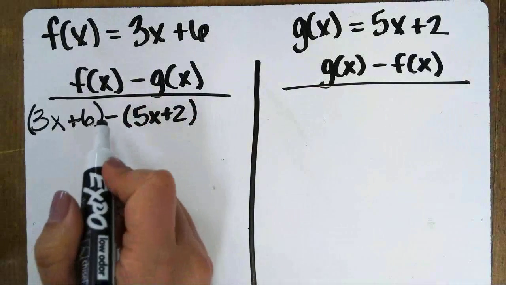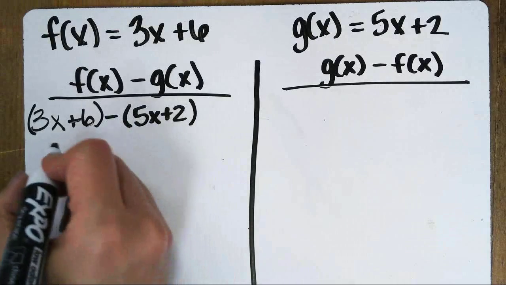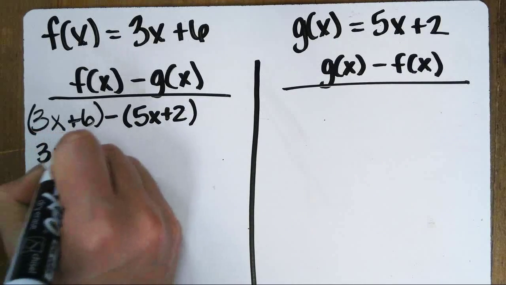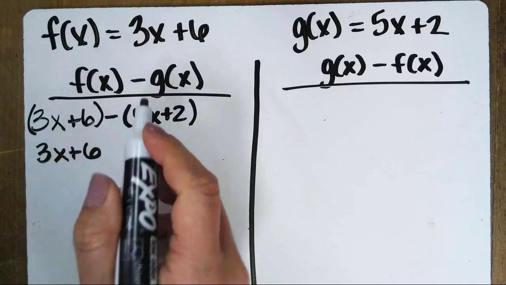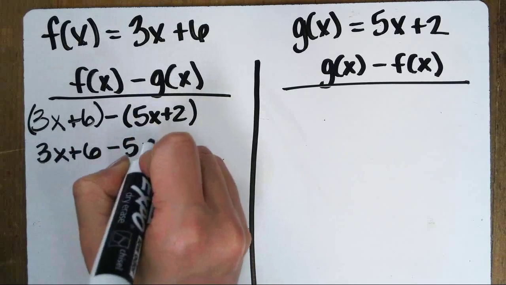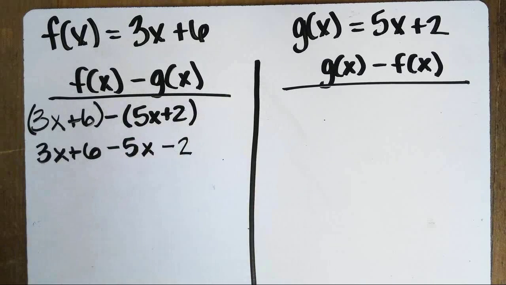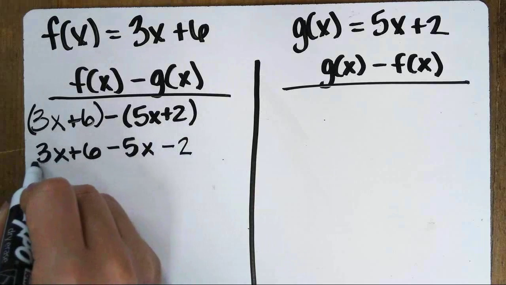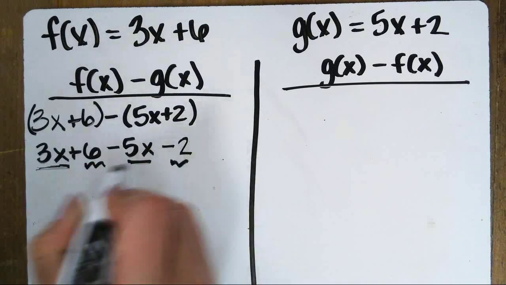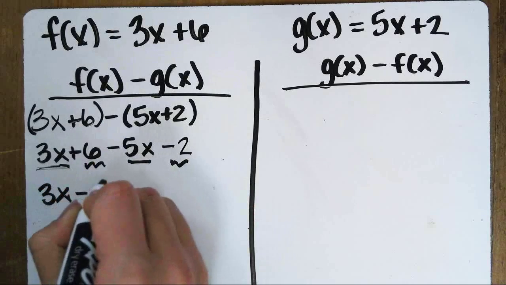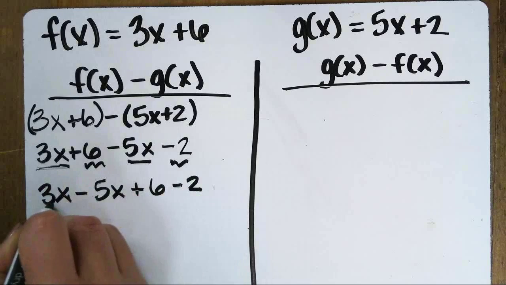Since we're subtracting, I need to distribute this minus sign, and I'm going to write 3x plus 6 because that's not going to change. Then negative times 5x gives me a negative 5x, and a negative times a positive 2 gives me a negative 2. Now I want to combine my like terms. I have 3x minus 5x, and then I have 6 minus 2.